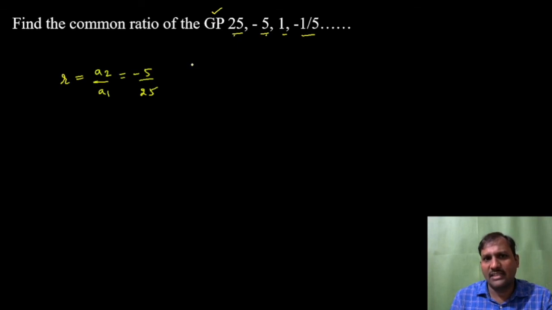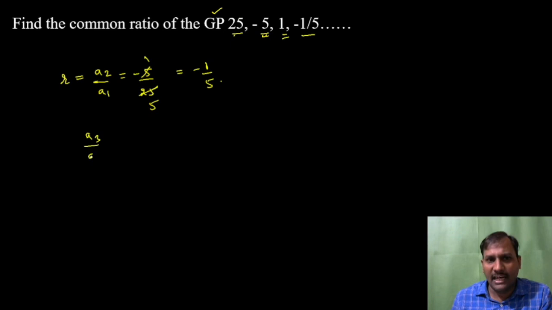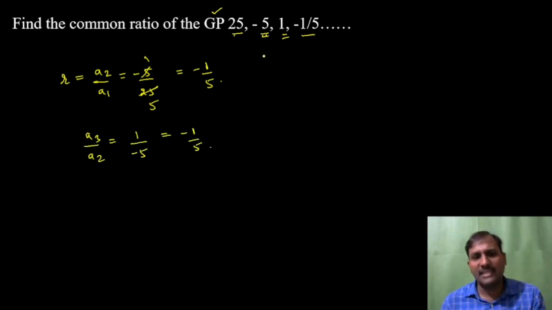Second term by first term. 5 ones are 5, 5s are, which is equal to minus 1 by 5. So in this type of problems, you take the simple numbers like this. So A3 by A2, which is equal to 1 by minus 5, that is minus 1 by 5. So if you take simple numbers, the answer will be easy. Very easily you can get the answer.